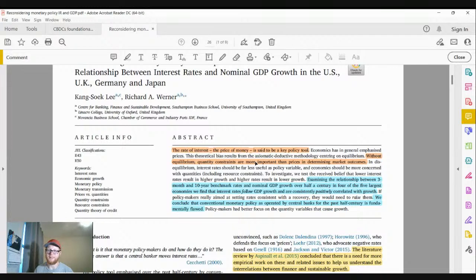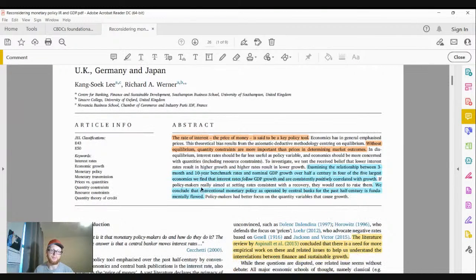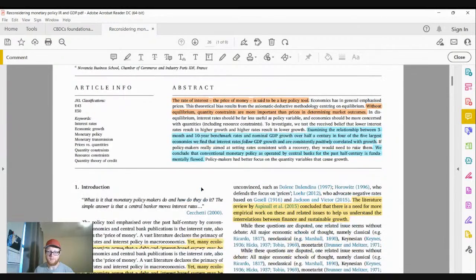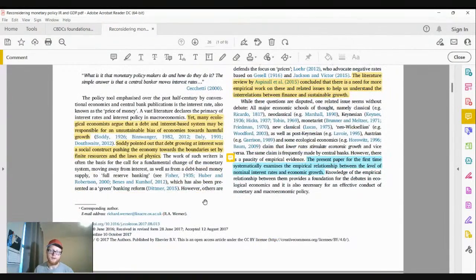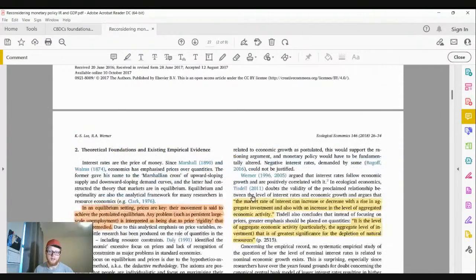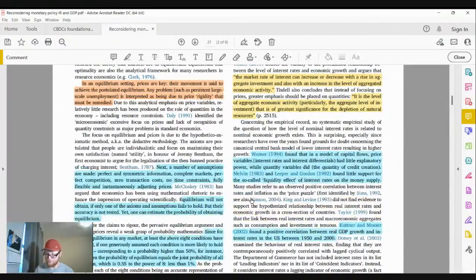I want to say the 90s, but I'm honestly not 100% sure, at least on the time frame. But okay, basically, the present paper for the first time systematically examines the empirical relationship between the level of nominal interest rates and economic growth, right?